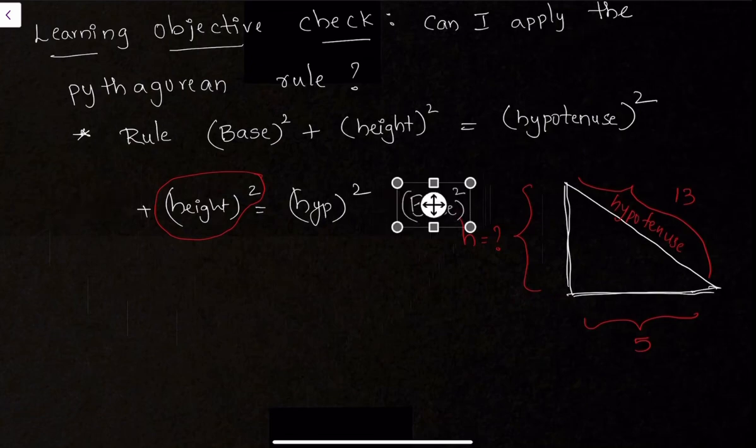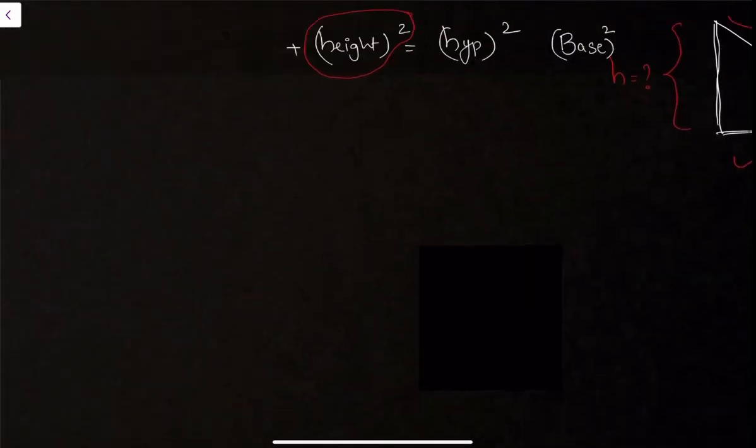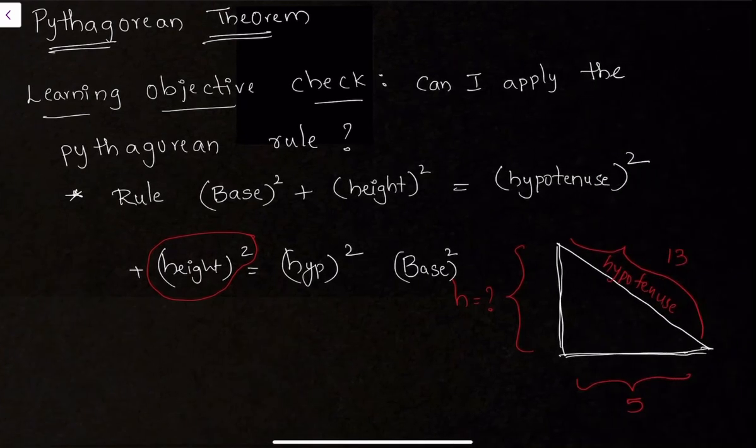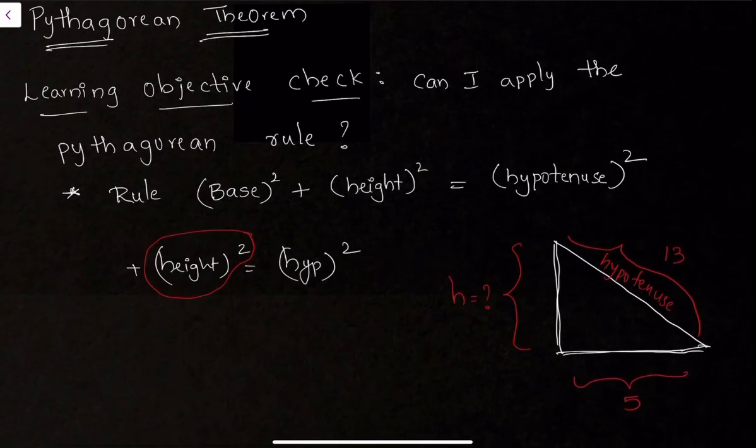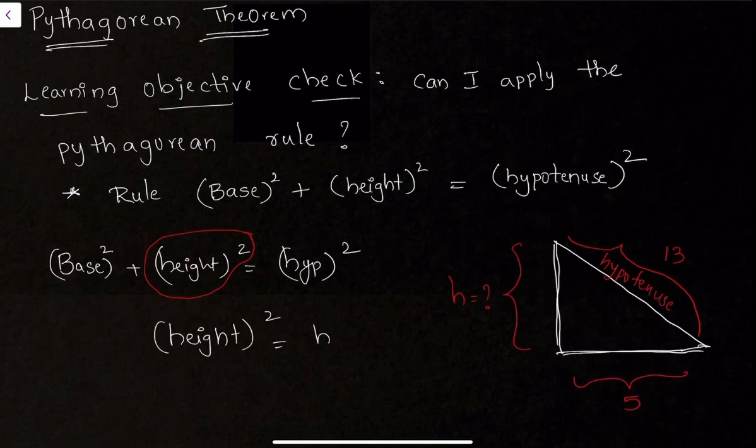So keep this in mind, it becomes negative. Let us go back to the original equation. So height square equals hypotenuse square minus base square.